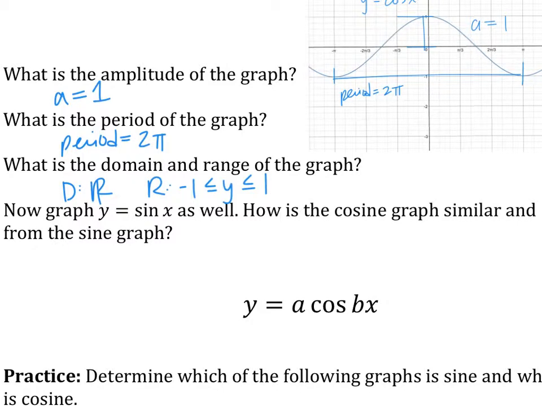Pi over 2. Which direction though? Left for one of the graphs, right? And then we can also do the same for the other one by pushing it 3 pi over 2. But we'll talk about that later when we go to the translation section. So essentially, sine and cosine are exactly the same. You just need to push one to translate on top of the other.